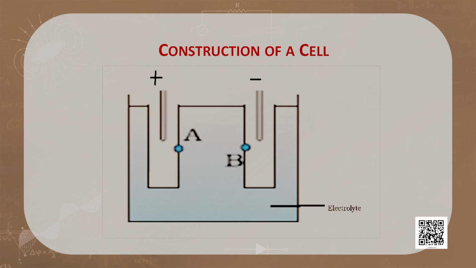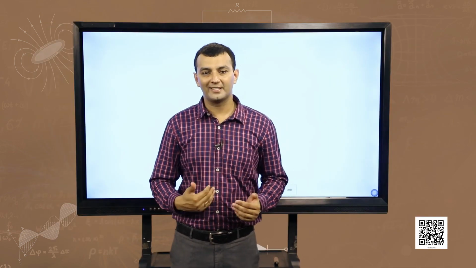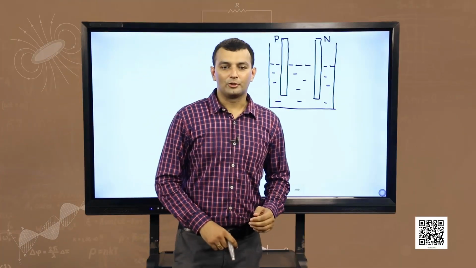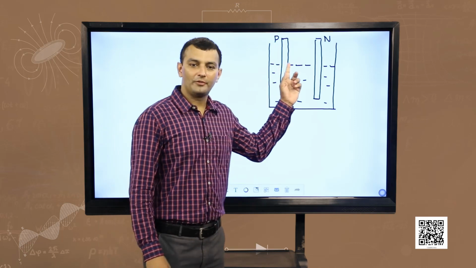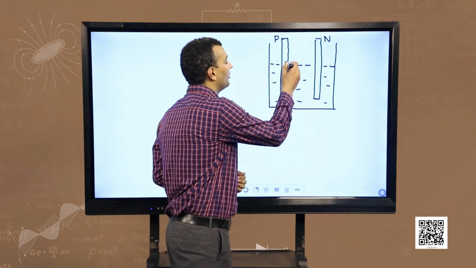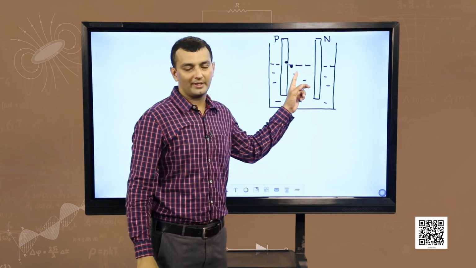Dipped in the solution, the electrodes exchange charges with the electrolyte. The positive electrode has a potential difference of V plus between any of its parts and a point immediately close to it inside the electrolyte.